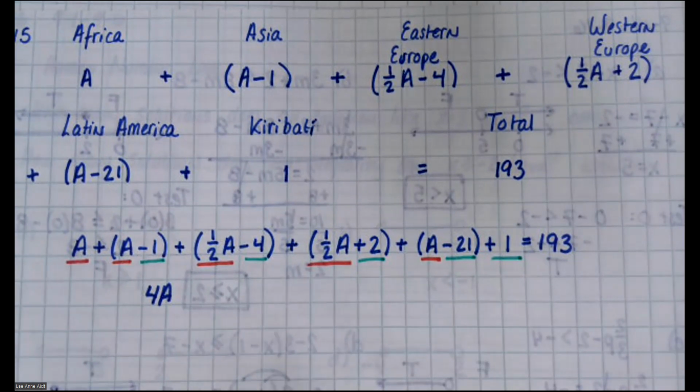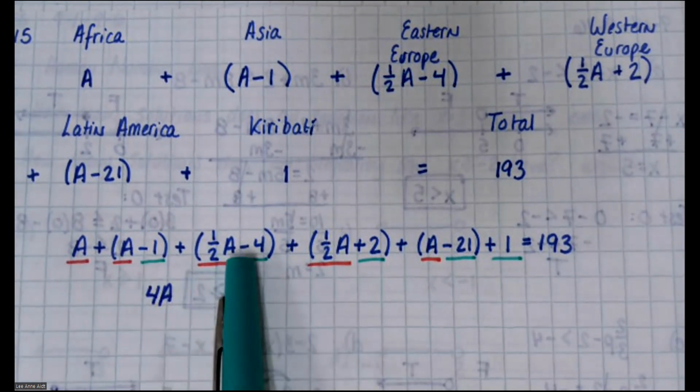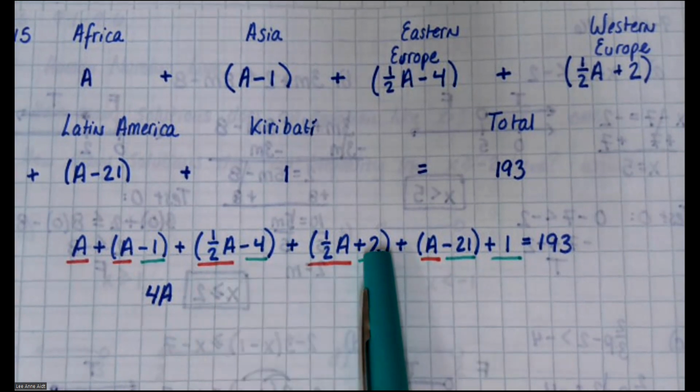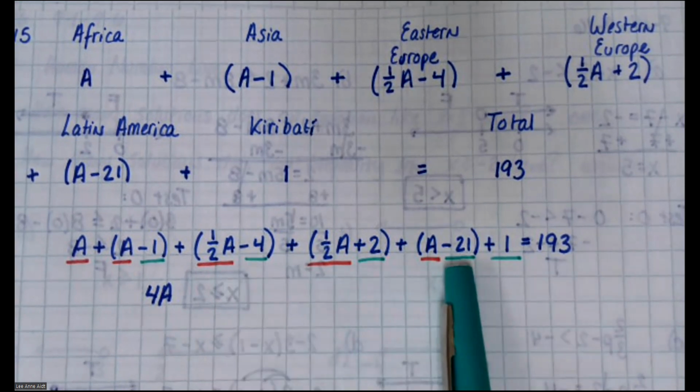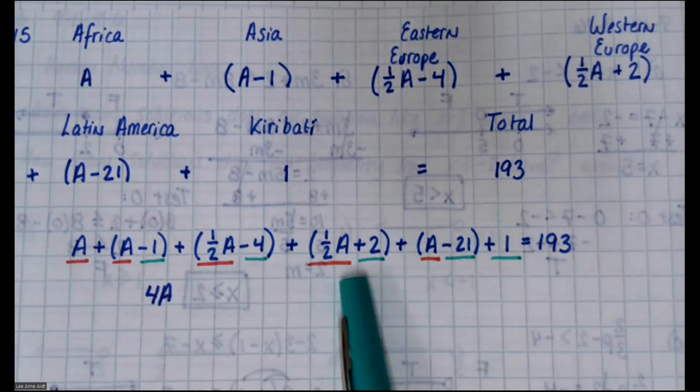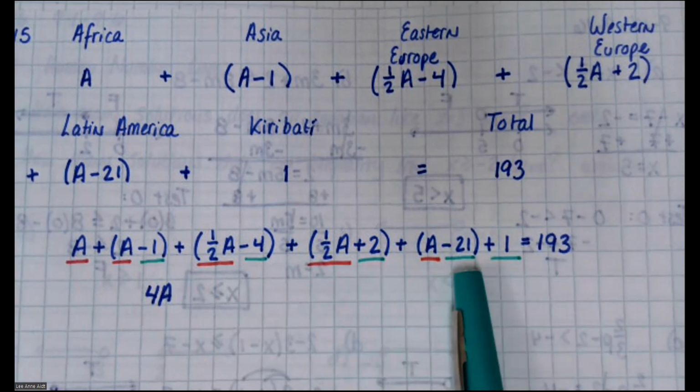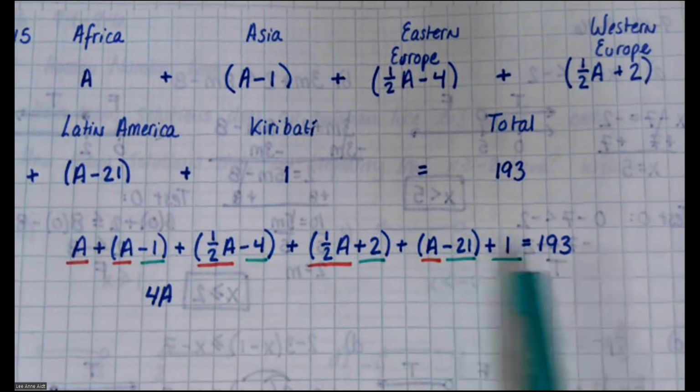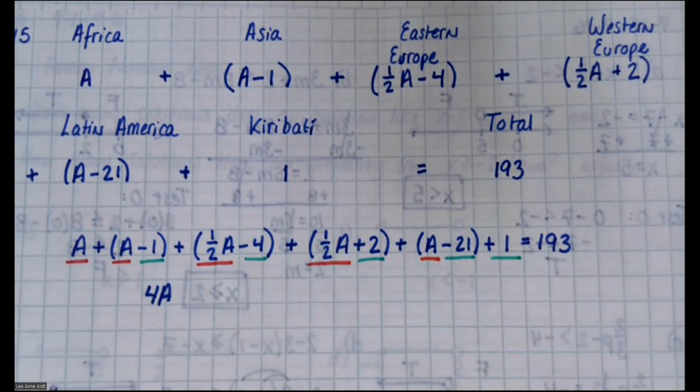Okay, so let's work this out. -1 plus -4 is -5. -5 plus 2 is -3. -3 minus 21 is -24. Plus 1, -23, okay.